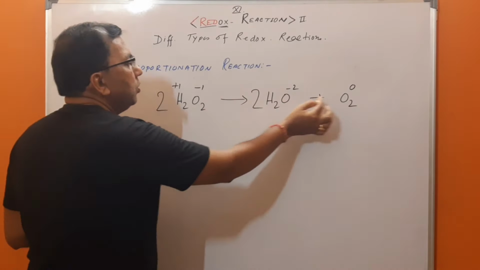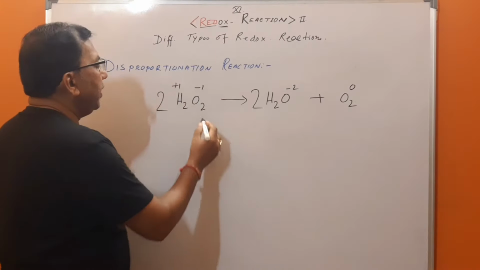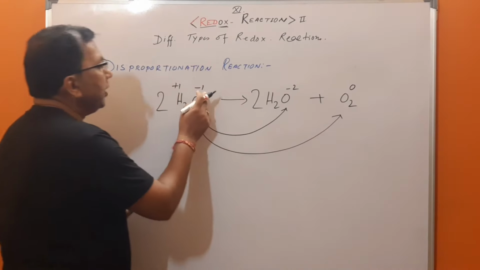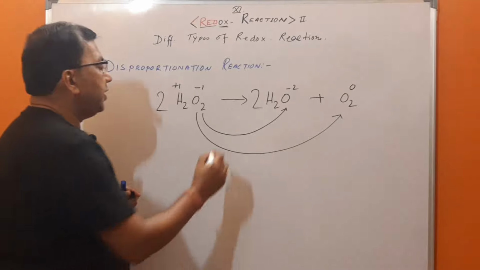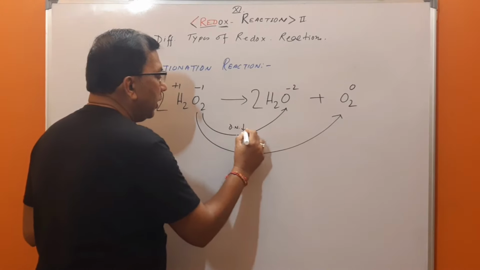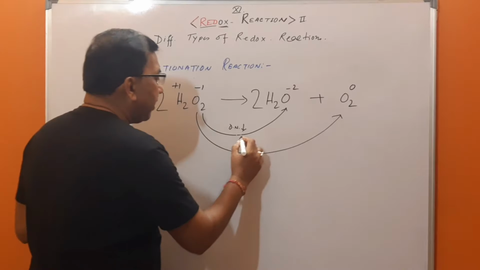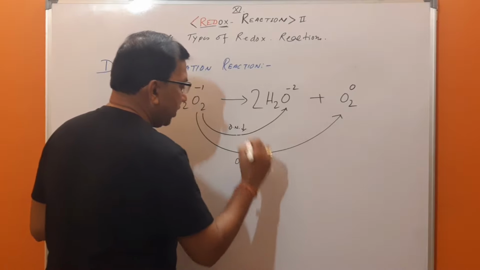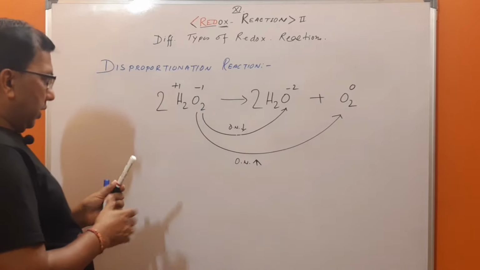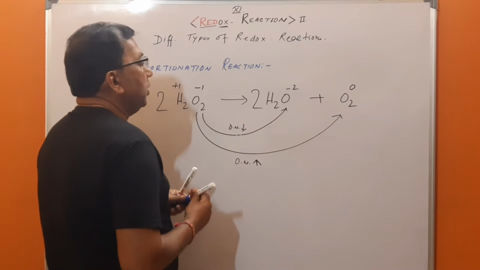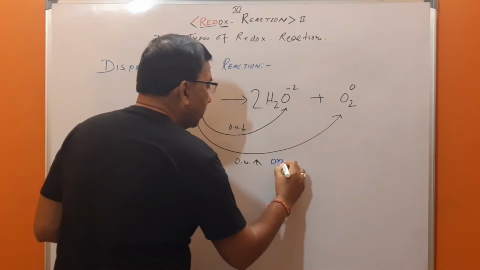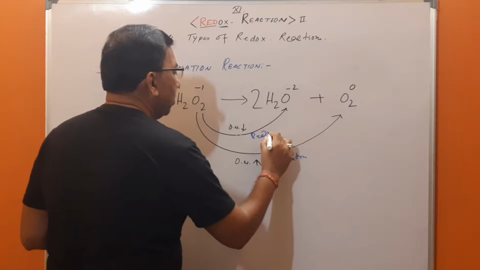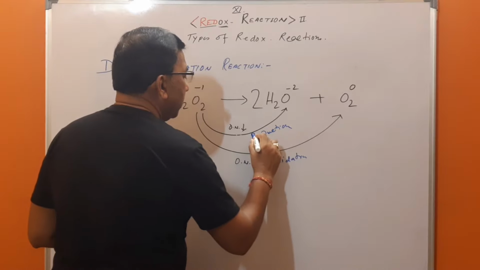-1, -2, 0. So from -1 to -2, the oxidation number decreases, that is reduction. In this case, -1 to 0, the oxidation number increases, so it is oxidation. Increase means oxidation, decrease means reduction.